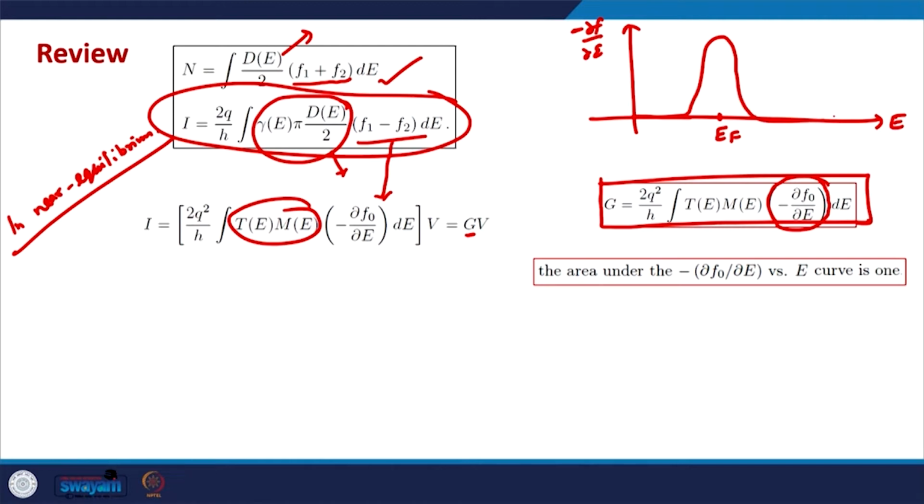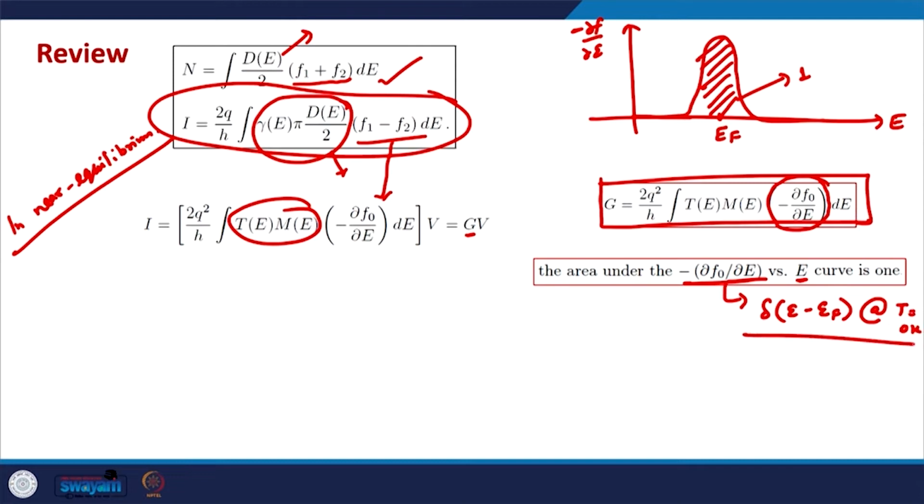Moreover, the area under minus del F by del E versus E is 1. So the area of this window is 1. Secondly, this function becomes a delta function at extremely low temperatures, when temperature approaches around 0 Kelvin.